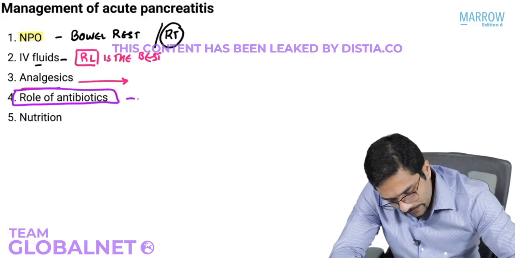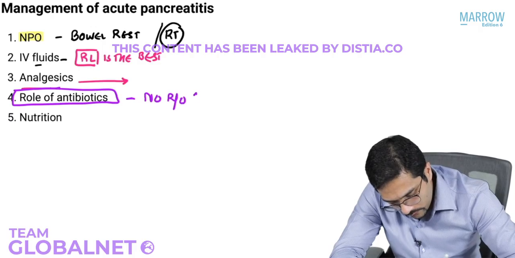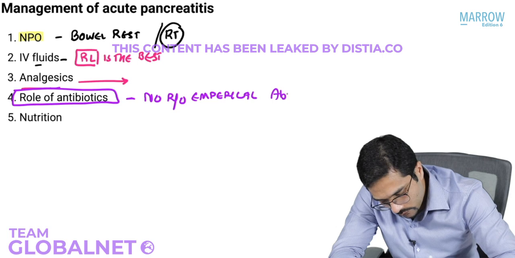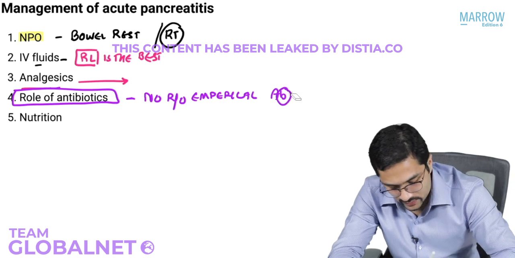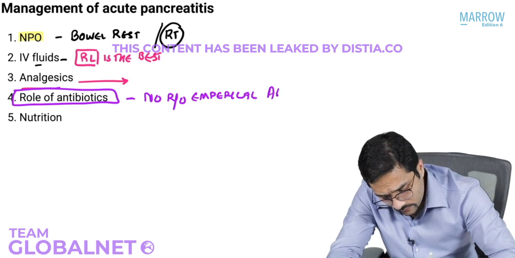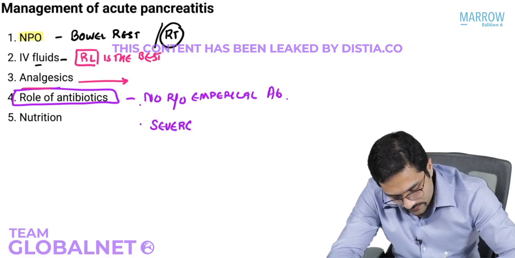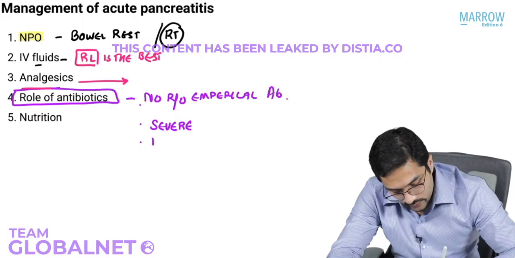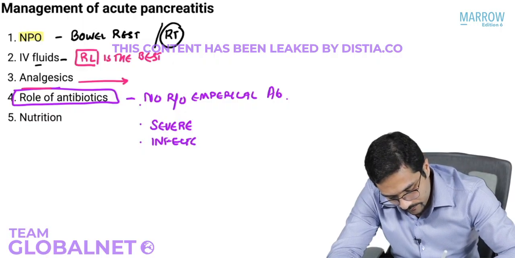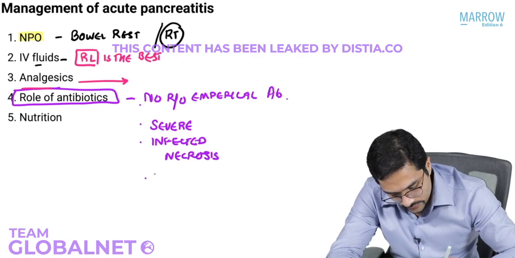There is no role of empirical antibiotics in patients with acute pancreatitis. It should only be given if there is severe pancreatitis, or if there is infected necrosis, or there is necrosis more than 50%.